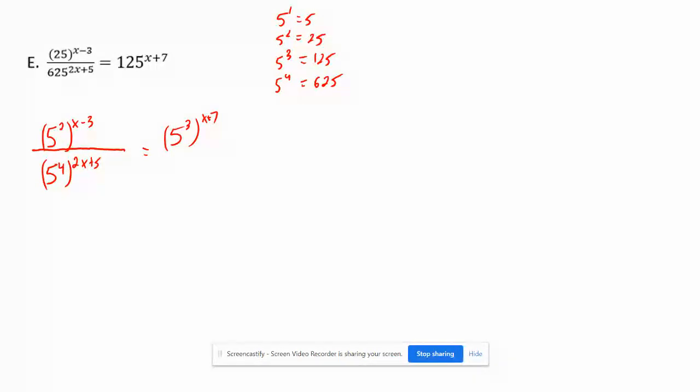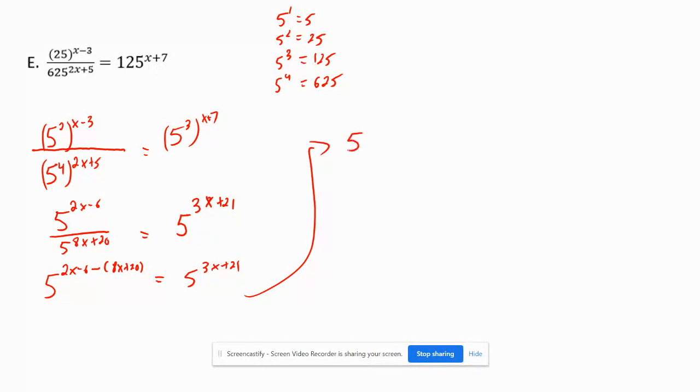So on the numerator, we get 5 to the 2x minus 6 over 5 to the 8x plus 20 equals 5 to the 3x plus 21 over here. Now guys, common mistake here. When we're dividing these two powers, we need to remember that we're subtracting the exponents. We're not dividing the exponents. So what this becomes is 5 to the (2x minus 6) minus (8x plus 20) equals 5 to the 3x plus 21.